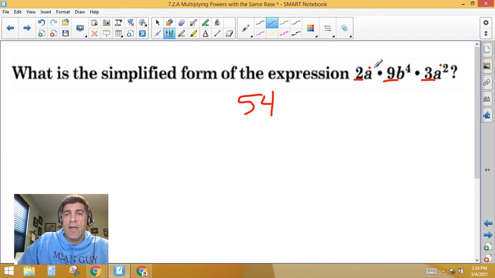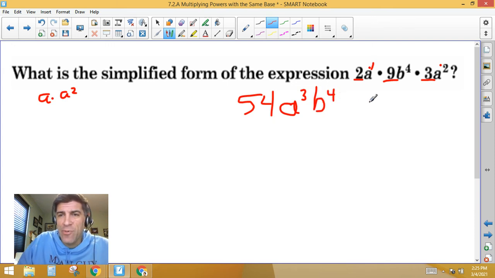All right, you got to remember, I'll give you a hint this time. There's a little invisible 1 here. Okay, so if I do a times a squared, that's going to give me a cubed. That's something to be careful of. b has no friends, so b can't do anything. b is just going to be b to the 4th. All my exponents positive, perfect. 54a cubed b to the 4th power.